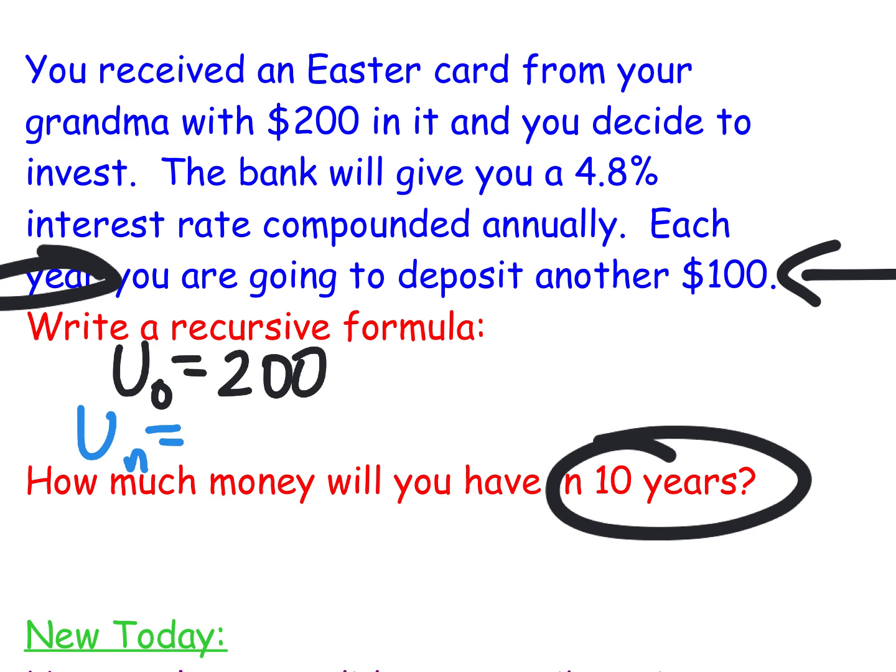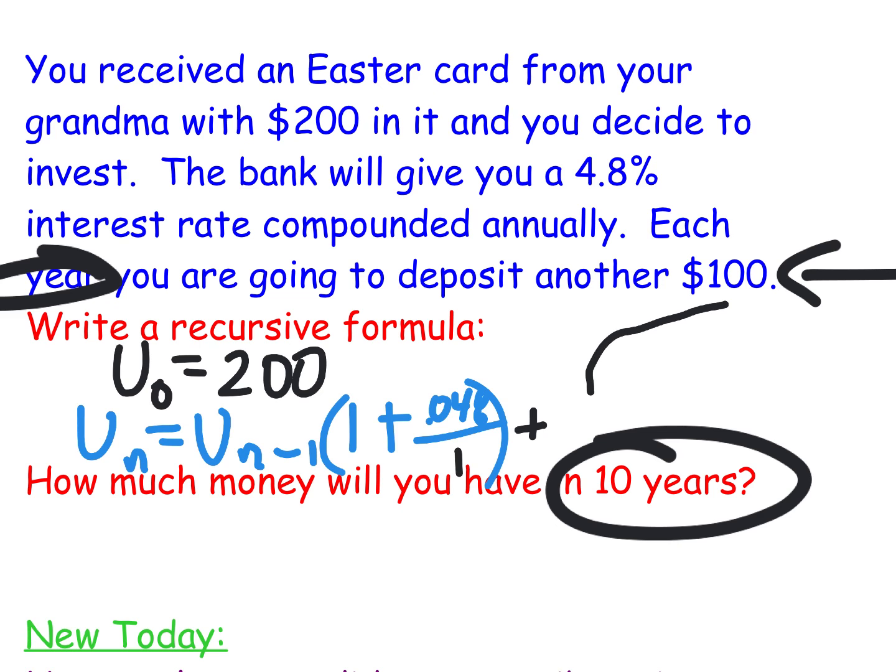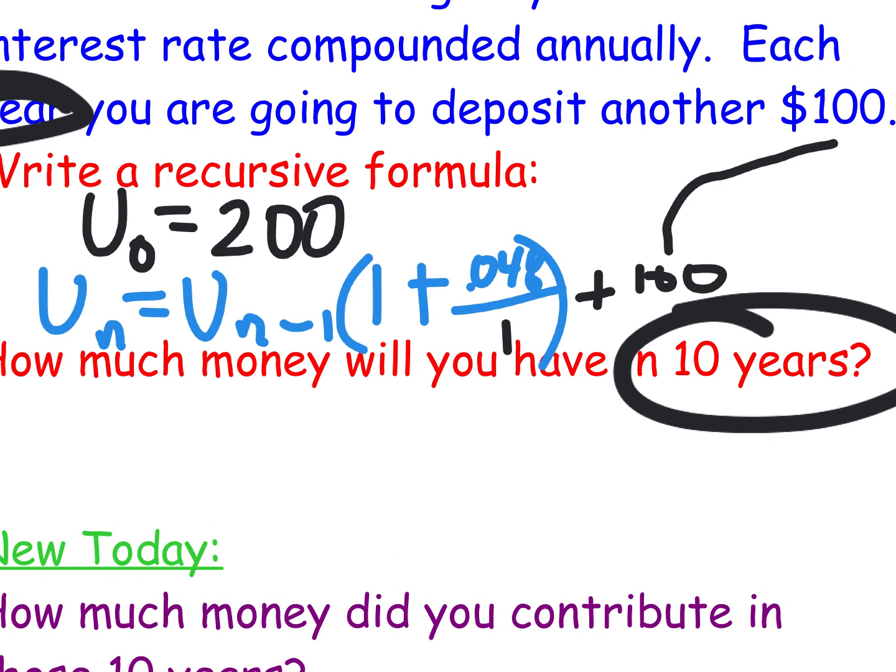UN equals UN minus 1 times 1 plus the rate, 0.048, over normally 12 months, but I just said it's going to be 1 year, not 12 months. We're not using months this problem. And this is where our deposit would go, an extra 100, so it goes here. That's the recursive equation for it.